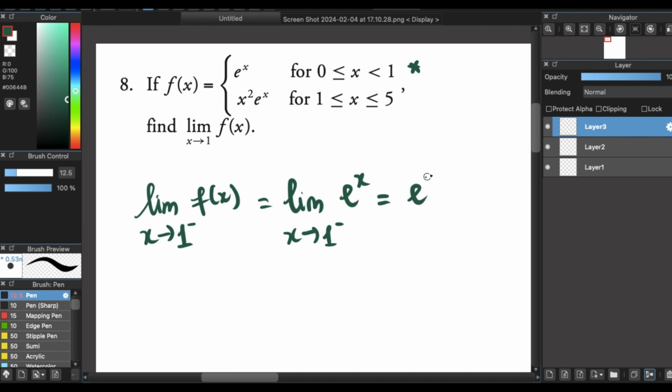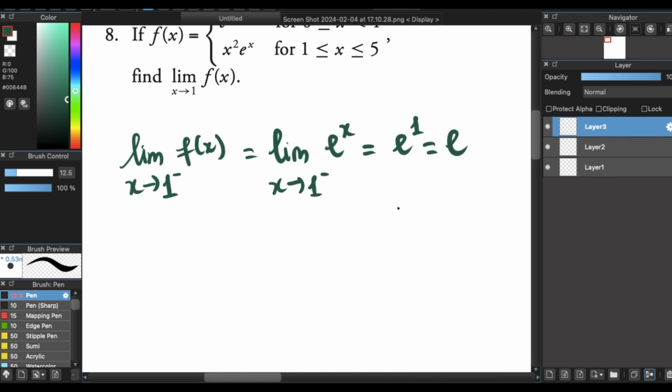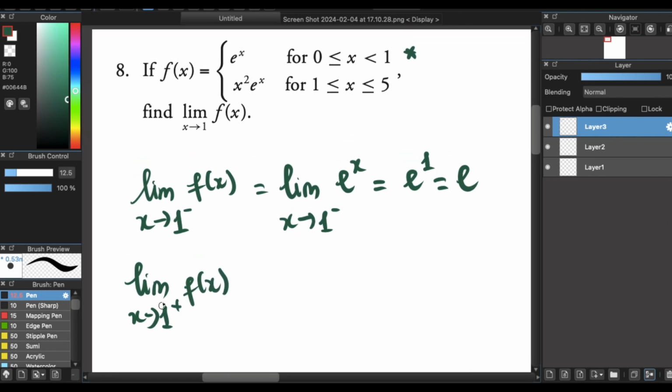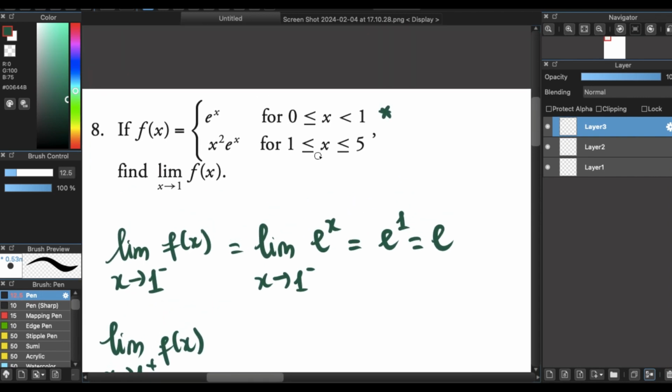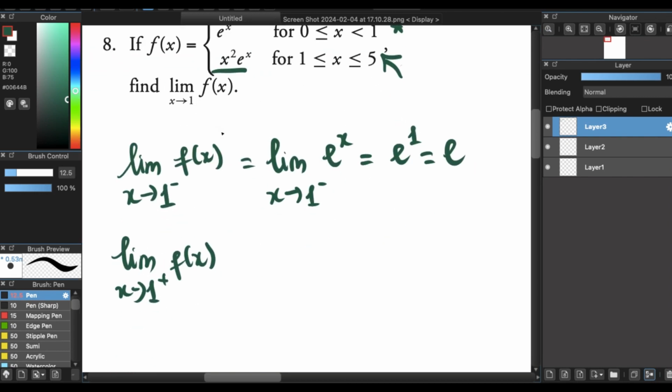and in this case we can just substitute 1 for x and we will obtain e. Okay, now I'm going to calculate the limit from the other side. You can see here now x is larger than 1, so we've got to use this function.